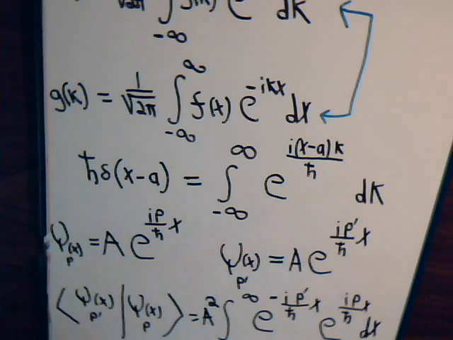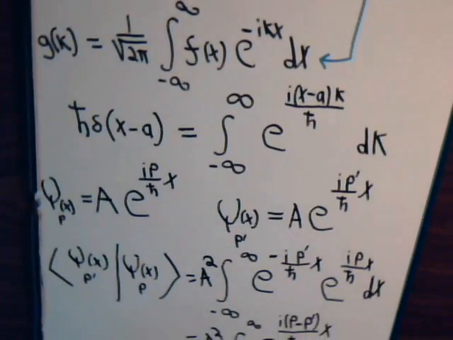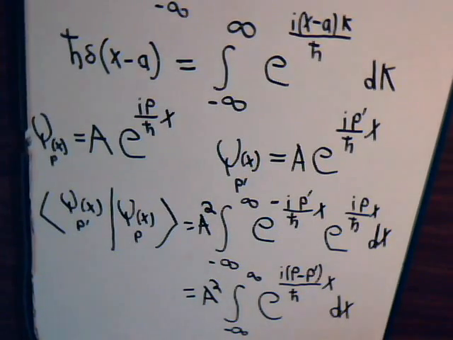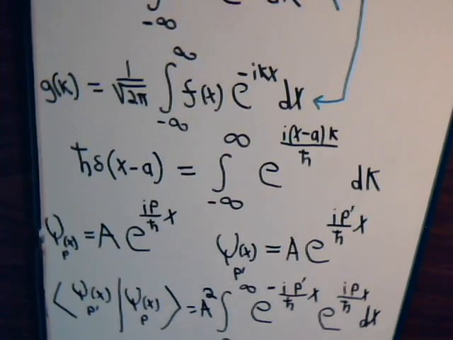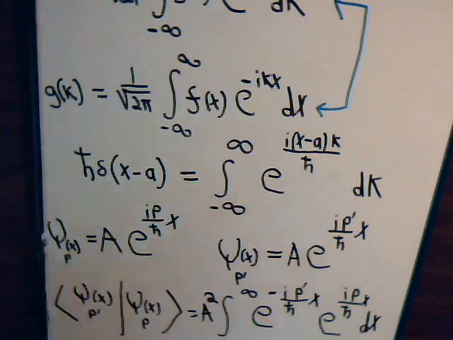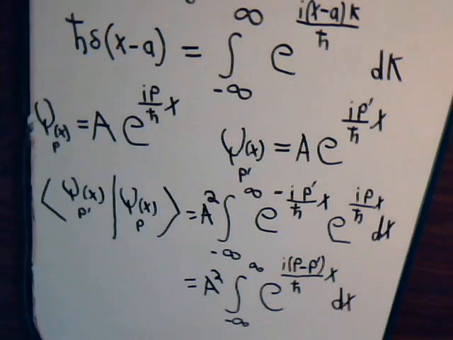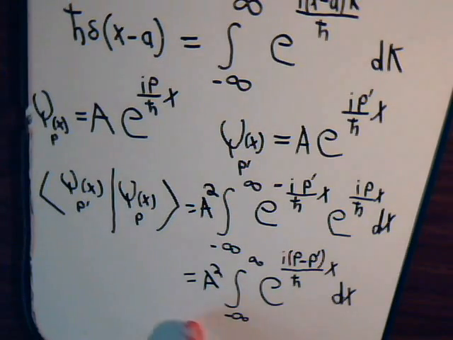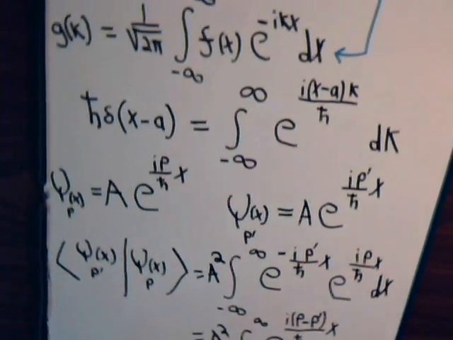We'll come back to this; we'll erase this for now, but we won't forget it. What we want to do is put this integral side by side with this integral. Remember, this integral is the inner product of two momentum operator eigenfunctions. Okay, let's make some room.